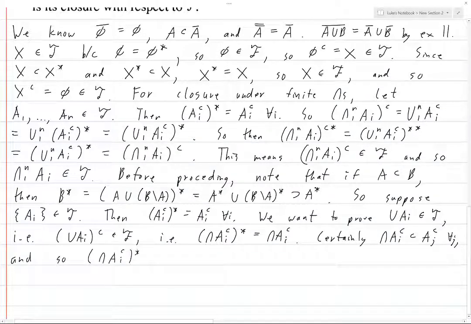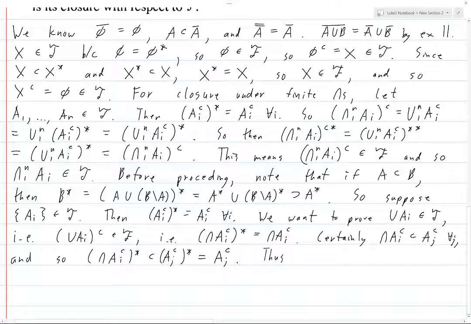Okay, so we have this inclusion, and then we can put stars on both sides of it. So the intersection of all the A_i complements, star, is going to be contained in A_j complement star. But A_j complement star is equal to A_j complement. So the star of the intersection of the A_i complements will be contained in every particular A_j complement, so in particular it's going to be contained in the intersection of all of the A_j complements.